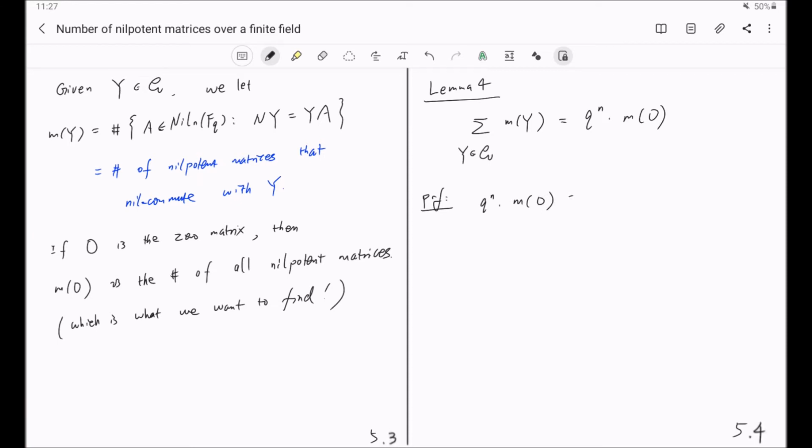This, by our definition, is Q raised to power n times the number of all nilpotent matrices, which is the number of Nil_n of F_q.